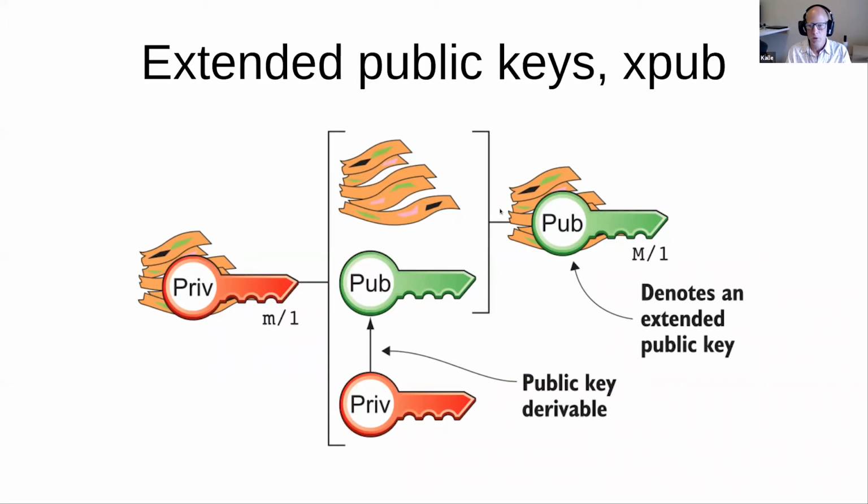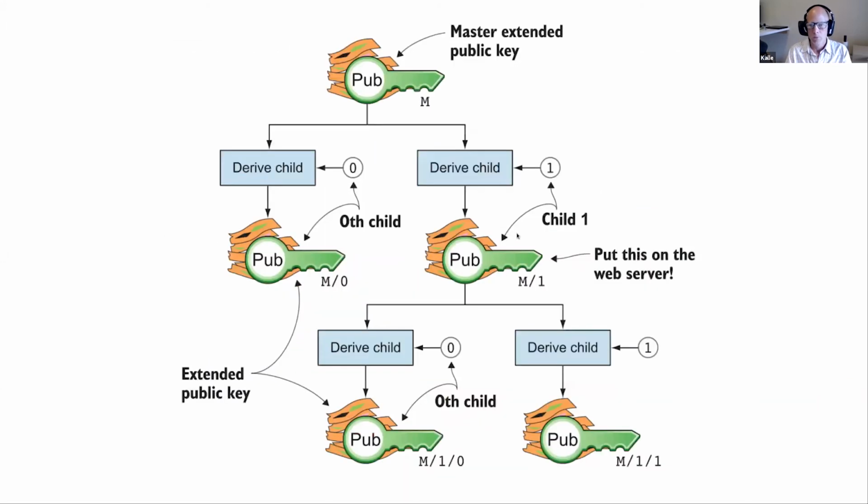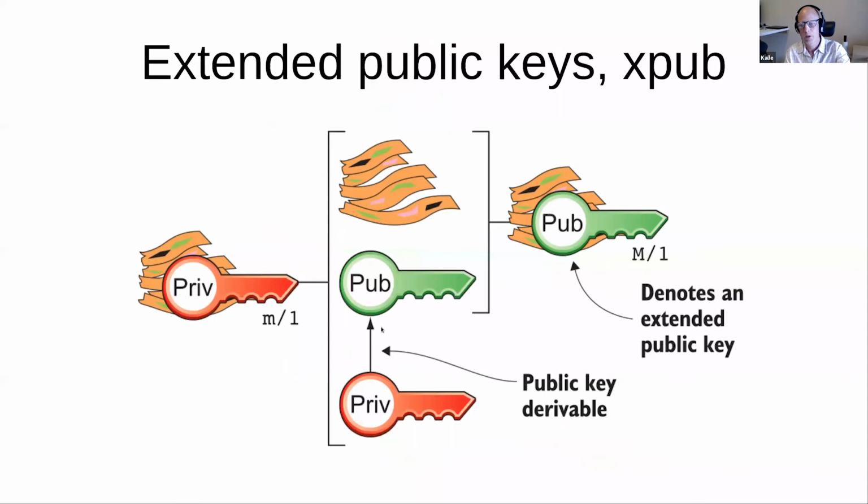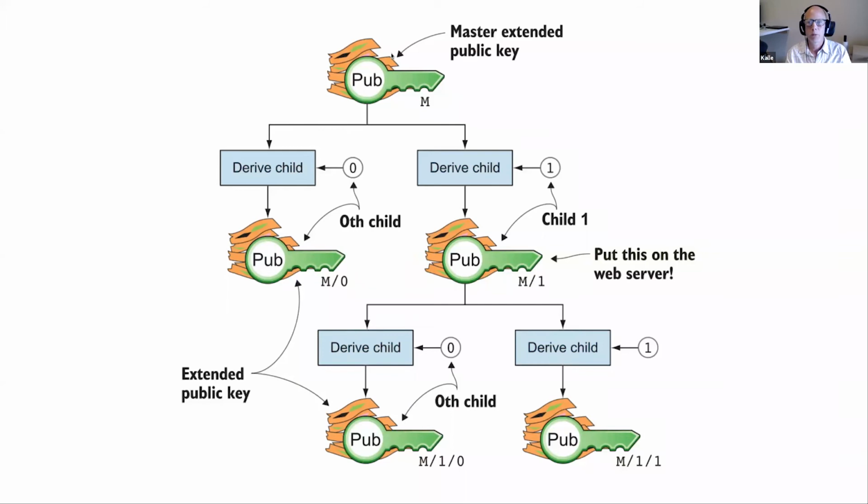So let's look at this example here. You have this master extended public key up here, which can be taken directly from the master extended private key by just generating the master public key from the master private key. Okay, so you have this master extended public key.